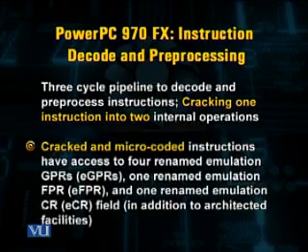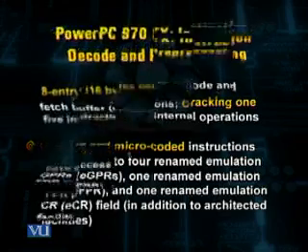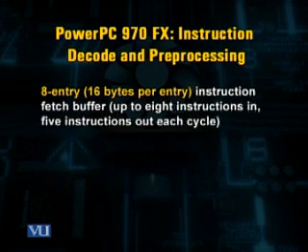The cracked and microcoded instructions have access to 4 renamed emulation general purpose registers, 1 renamed emulation floating point register, and 1 renamed emulation CR field. Furthermore, it has an 8-entry instruction fetch buffer, which takes up to 8 instructions in and 5 instructions out each cycle.